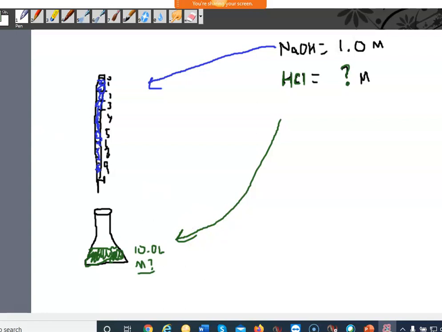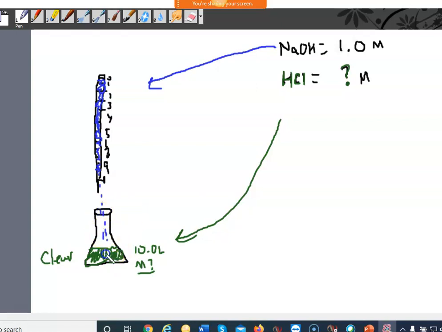Okay? Then I take my indicator, my phenolphthalein, and I drip a drop or two into our hydrochloric acid. All right, now it's going to be clear. This starts out as clear. Then what I do is I start dripping in my sodium hydroxide.